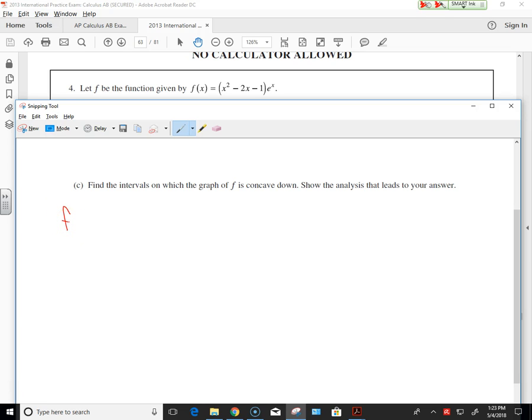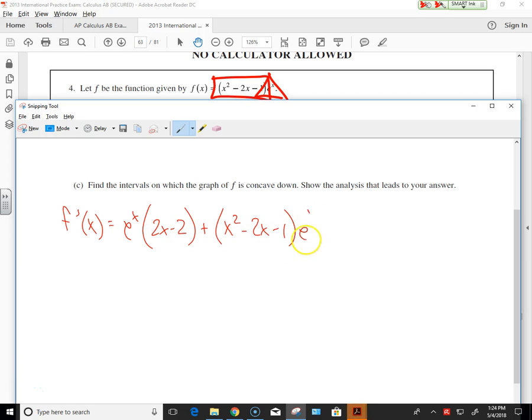Okay, not calculated problem, can't use that. Here we go. F double prime, nope, I can't get to F double prime until I get to F prime. I'm guessing you might have done F prime earlier in the problem. Did you? No. Oh, really? Oh, that's fun. The one we did with the minus x approaches. Double check. Does that look good?